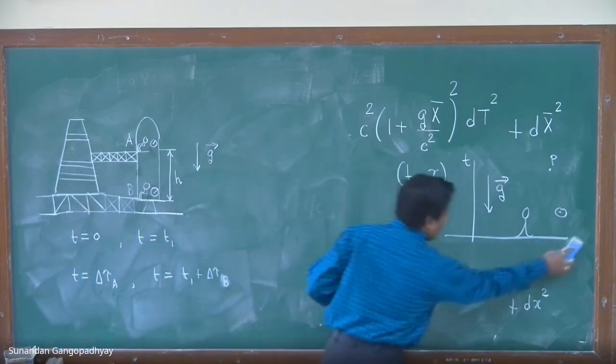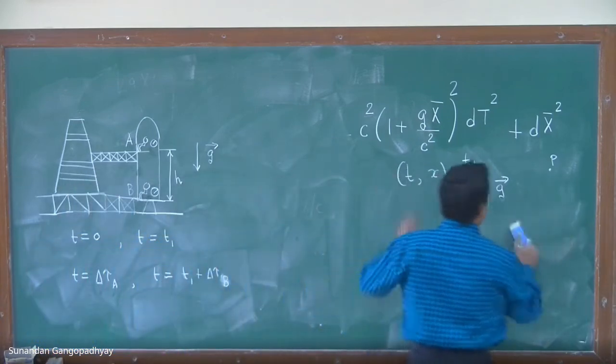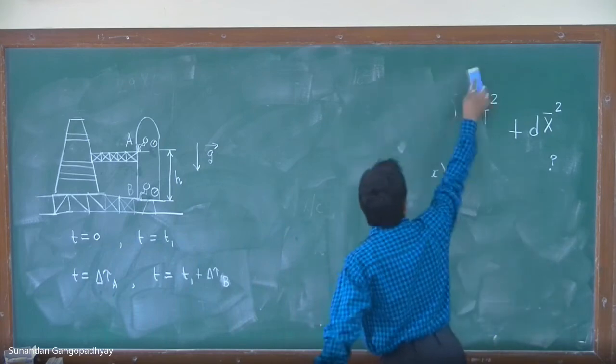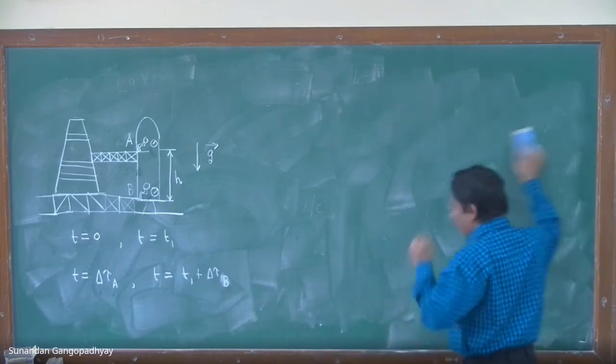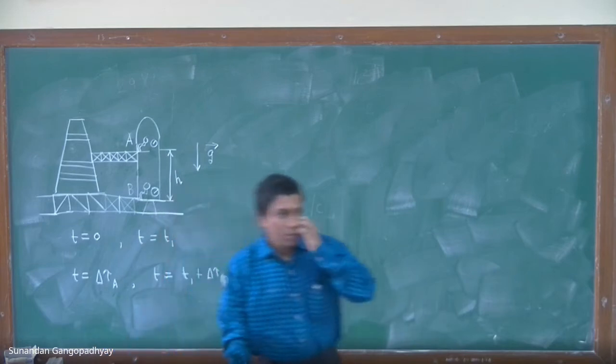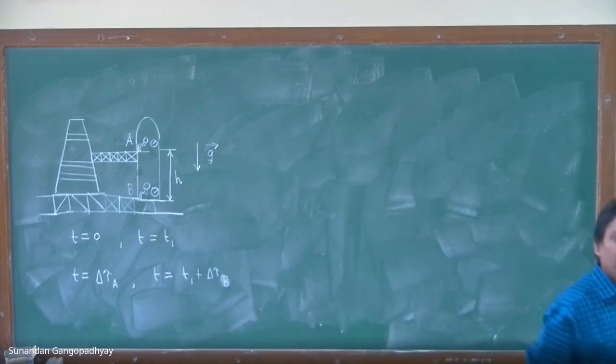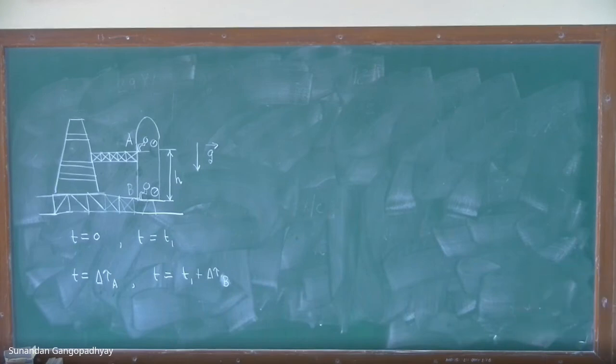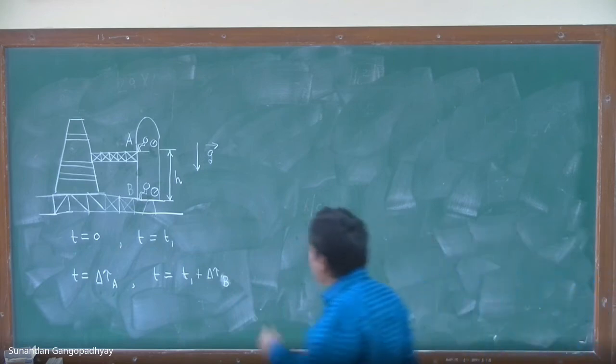Once again, in a uniform gravitational field, you know what the metric is. We have just now derived it. You could have done the calculation from this metric also, but we will not do that. We will do it in a different way.